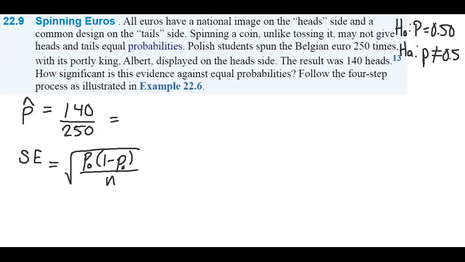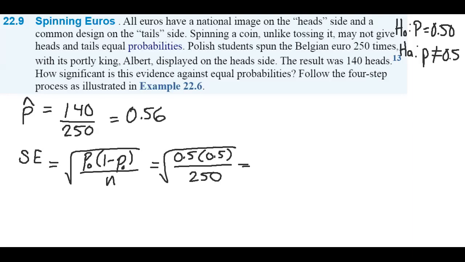So 140 divided by 250 yields a p-hat of 0.56. So a probability of 0.56 that it lands on heads when you spin it. And the standard error is 0.5 times 0.5, divided by 250 and then rooted, which is approximately 0.0316.